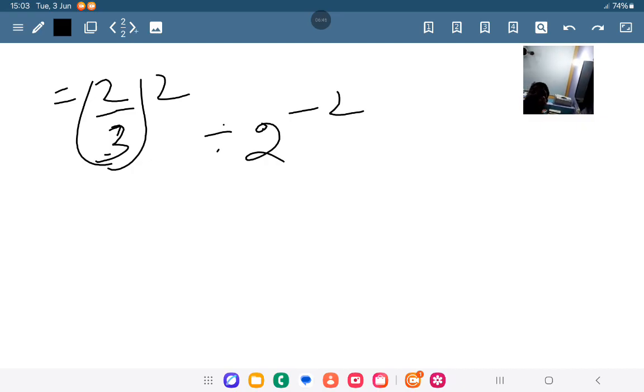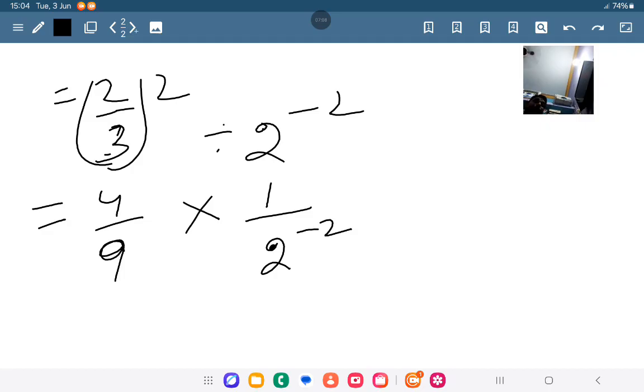So it will be 4 by 9. Yes, 2 to the power 2 is 4, 3 to the power 2 is 9, and into 1 by 2 to the power minus 2. Here is division. If you put a multiplication symbol, then I will write it in the reciprocal rule.